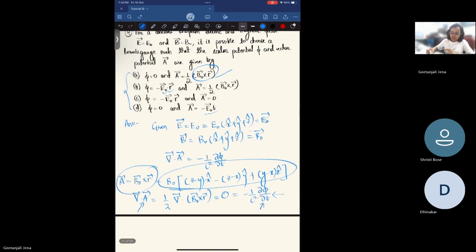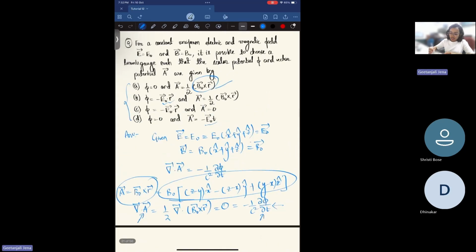So let us check the options. For option A, A is half of B0 cross R and phi is 0, which is correct, right?